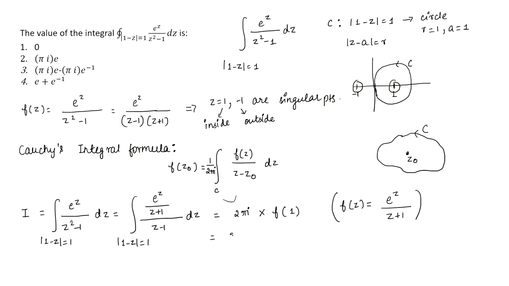Therefore the value is 2πi times e / (1 + 1), that is 2πi times e/2, which equals πie. So the correct answer is πie, which is option number 2. So option number 2 is the correct answer.